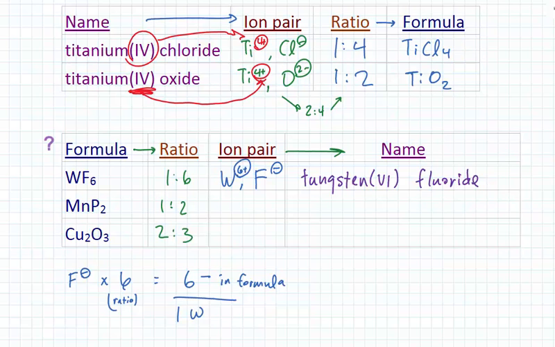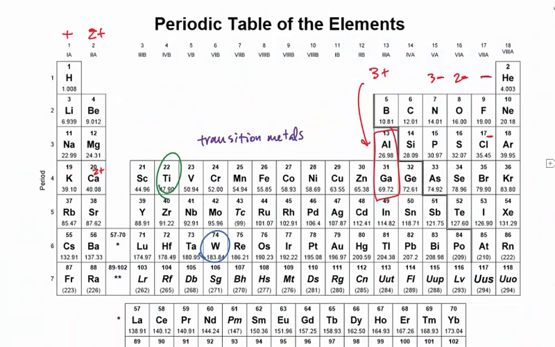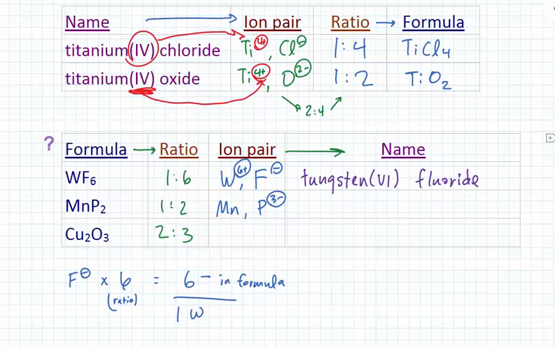Let's try that again. Manganese. Don't know what its charge is. P I do. Phosphorus from the periodic table is 3 minus, comes from right here. So figure out the one whose charge you know. I have P 3 minus.